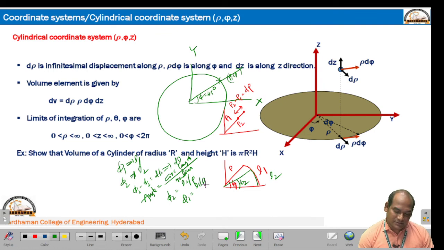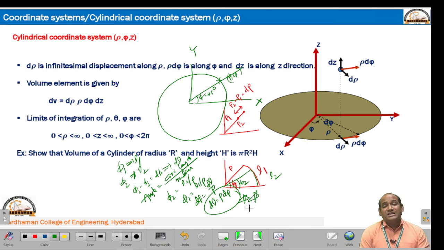Take the change, phi 2 minus phi 1 is equal to d phi, that is equal to L2 minus L1, which means dl by rho. Now, dl is equal to what we can write? Rho d phi. This is the important one for us. Because of the change in phi, how much change you are observing in the length, that is dl.